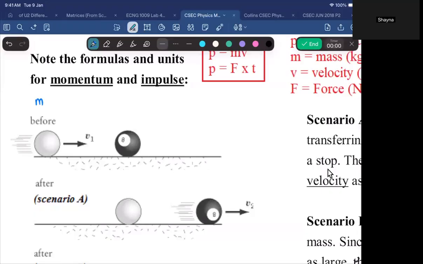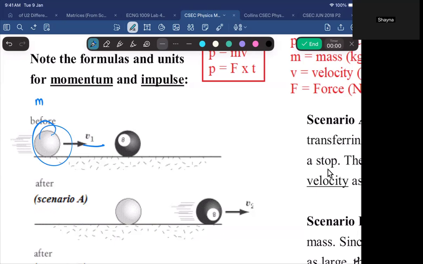So let's think about it carefully. Shina, if an object has a greater mass, what does that mean for its momentum? Will the momentum be less or more? It'll be more. So this ball had a velocity of v1, and when it hit, the eight ball now travels at that same velocity.